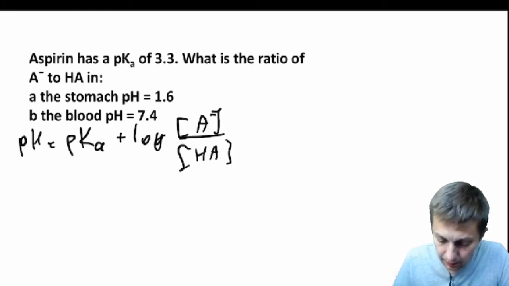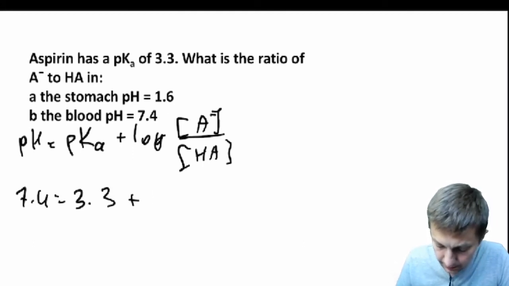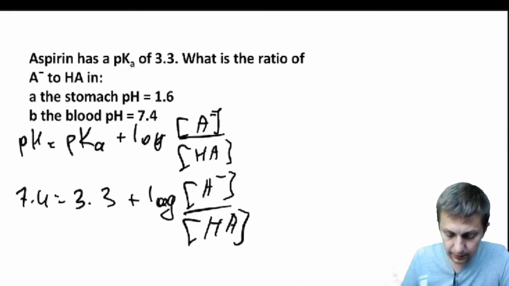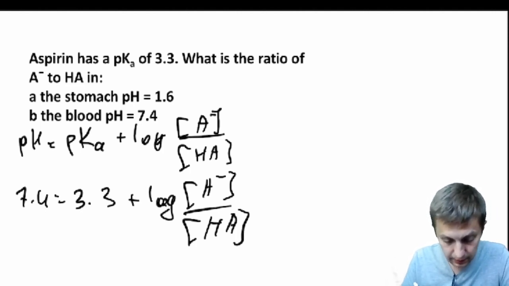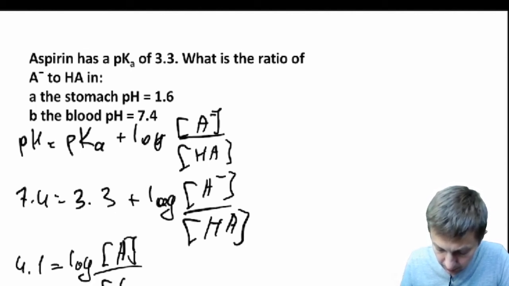And again, pH equals 7.4, pKa equals 3.3 plus log A minus divided by HA. And again, 4.1 equals log A minus divided by HA.